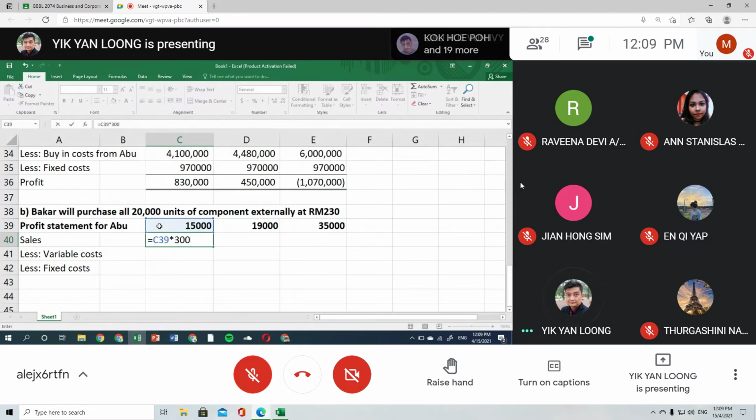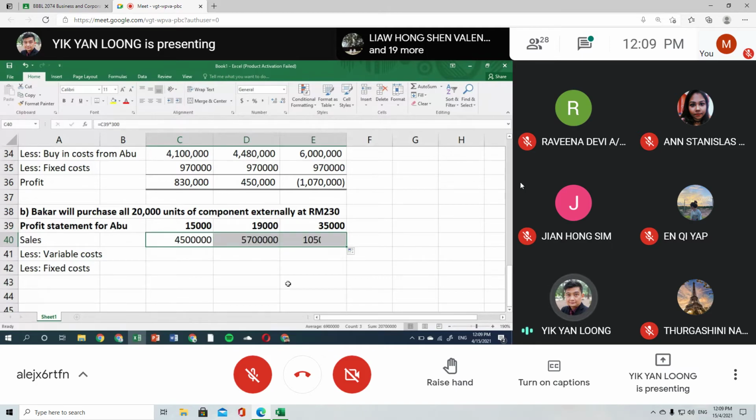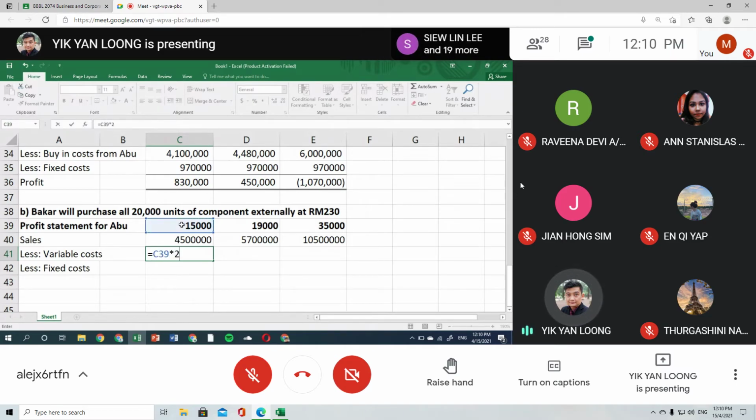Market. Same goes for this. So you just need to use the quantity multiplied by 300. Okay. Now variable cost will be based on the quantity and multiplied by 205. Same goes for this. Okay.